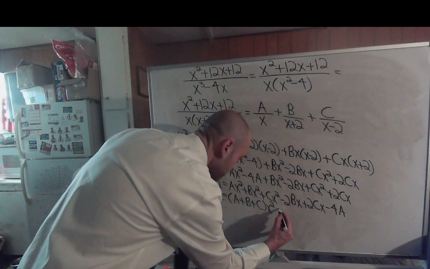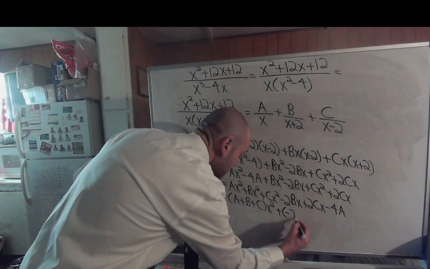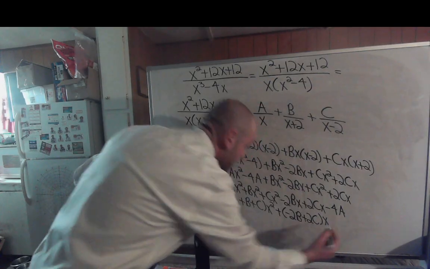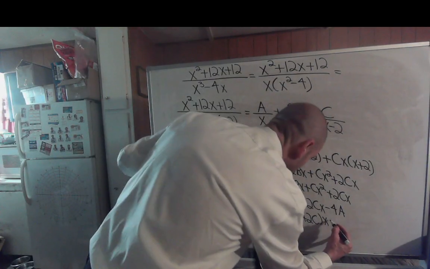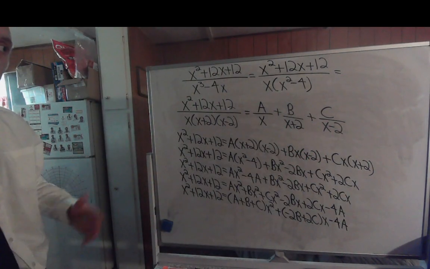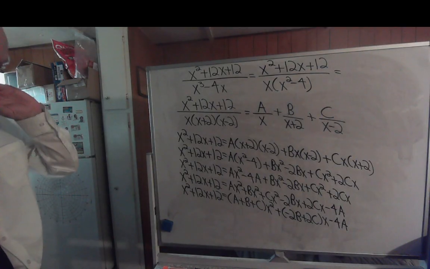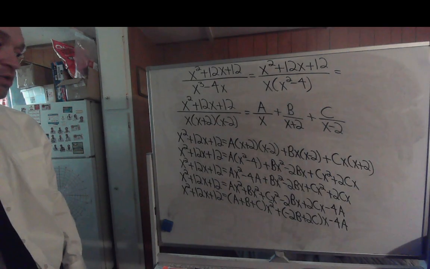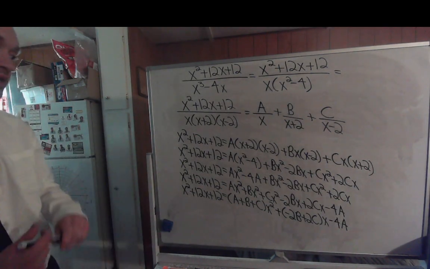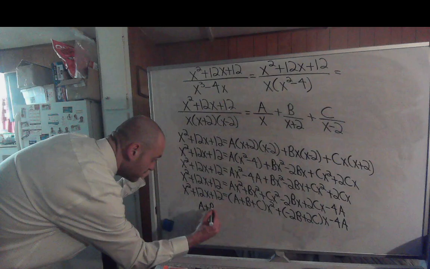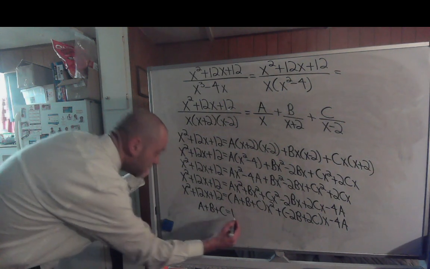And then you have 2 x to the first terms, so that would be plus negative 2b plus 2c times your x to the first term, and then you just have a minus 4a. Again, the left side needs to equal the right, so that a plus b plus c will correspond to the coefficient of your x to the second term on the left, which is 1. So you'll set a plus b plus c equal to 1.